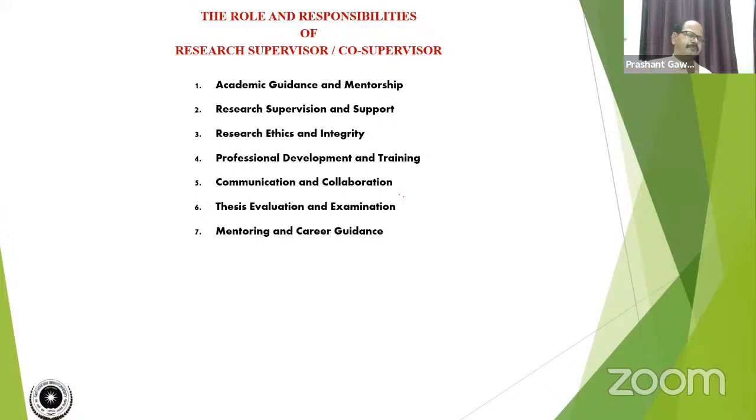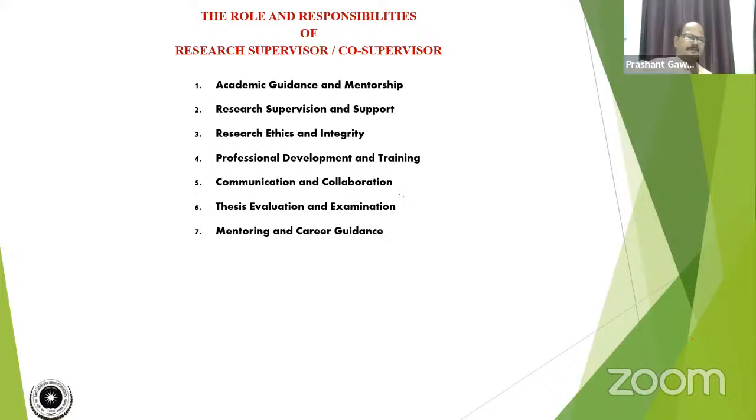Again, the roles and responsibilities of the research supervisor and co-supervisor. Academic guidance and mentorship is one of the major areas under the responsibility.